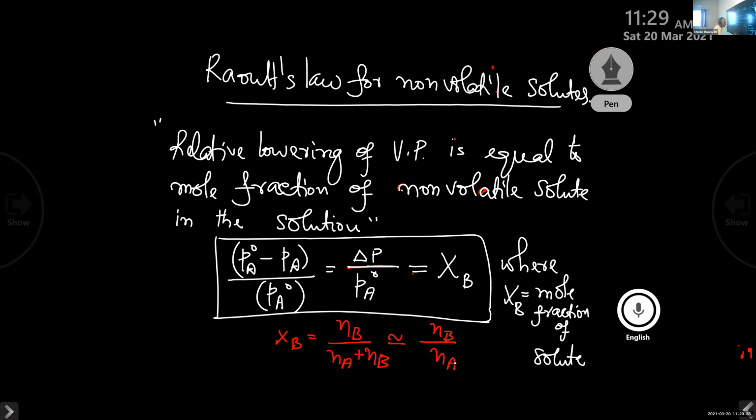Suppose Na is equal to 0.999 and Nb is equal to 0.001. Suppose, a very dilute solution.